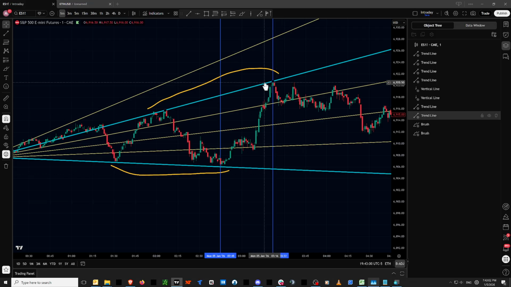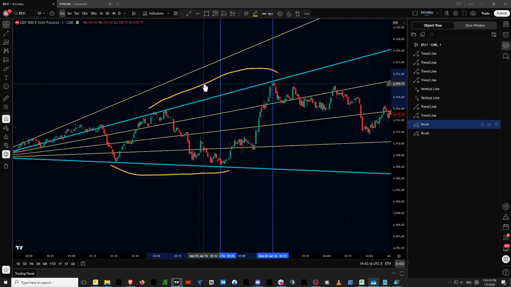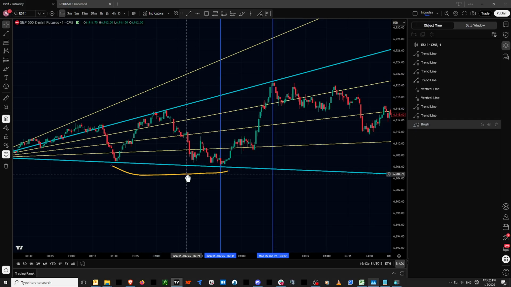So here was my original line bullish, my original line bearish. This is what we call a broadening formation, also known as a megaphone. Same thing. I don't need those anymore.